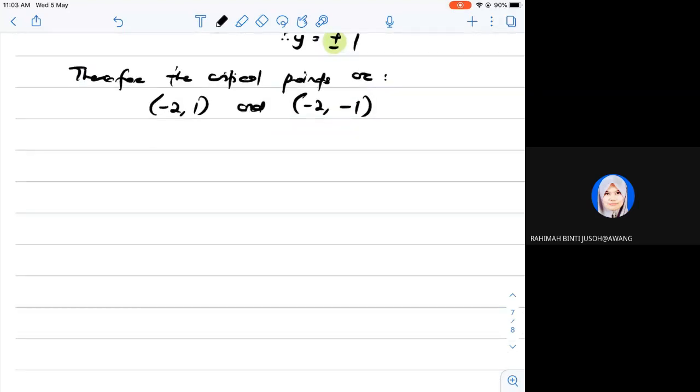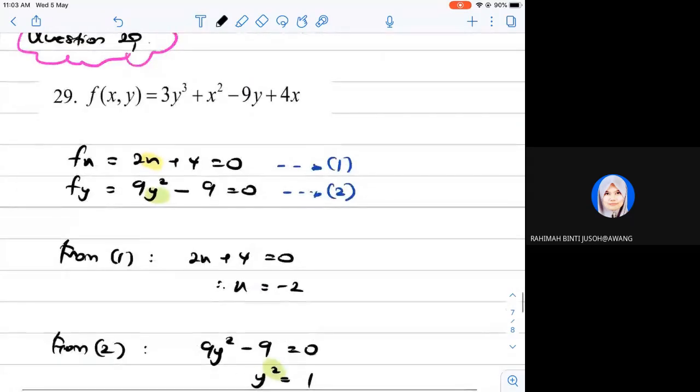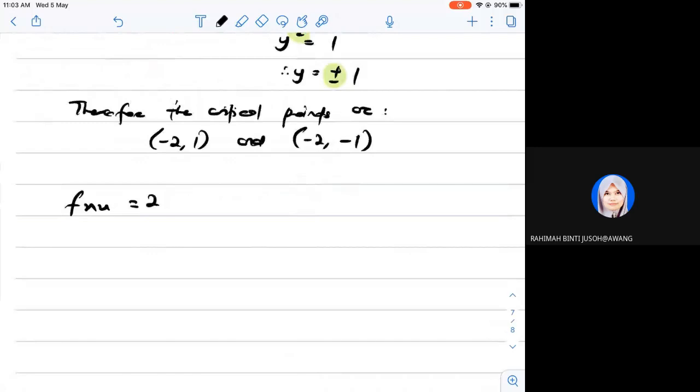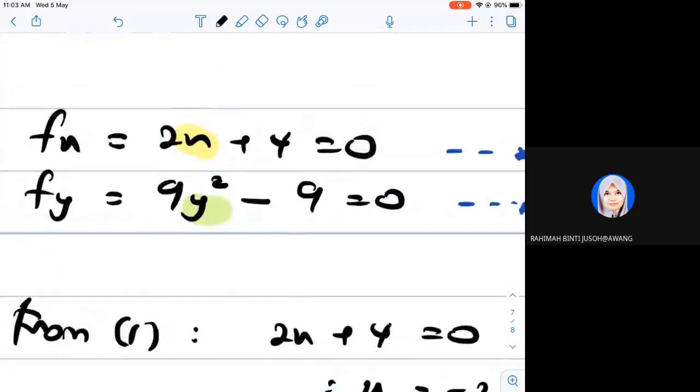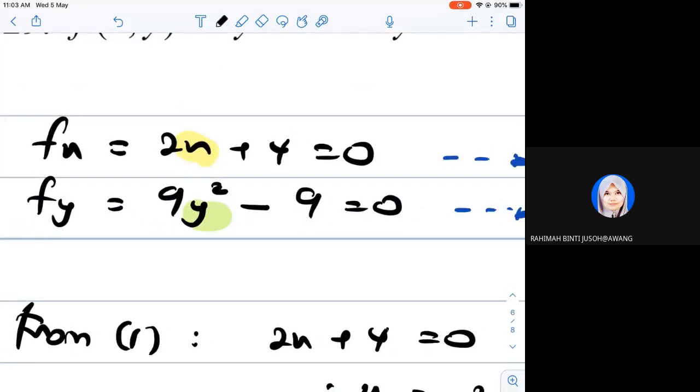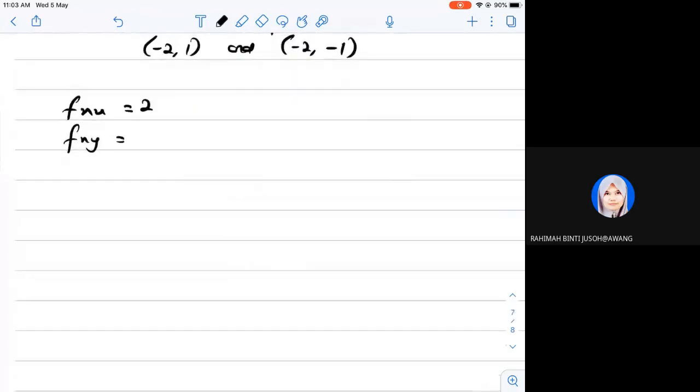Okay, so now next cari fxx. Differentiate again with respect to x, you get 2. Cari fxy. Fxy dapat apa? Fxy dapat 0. 0. Yes, very good. You get 0.